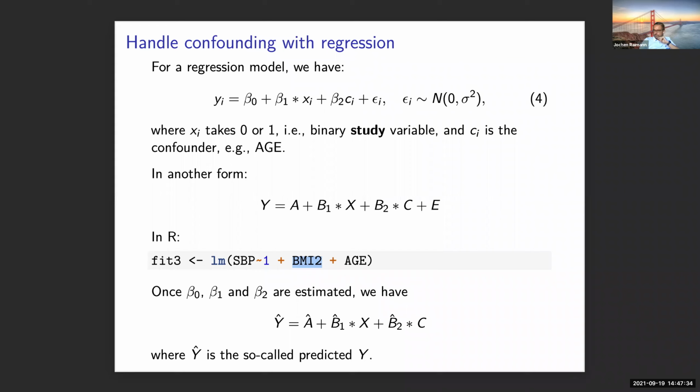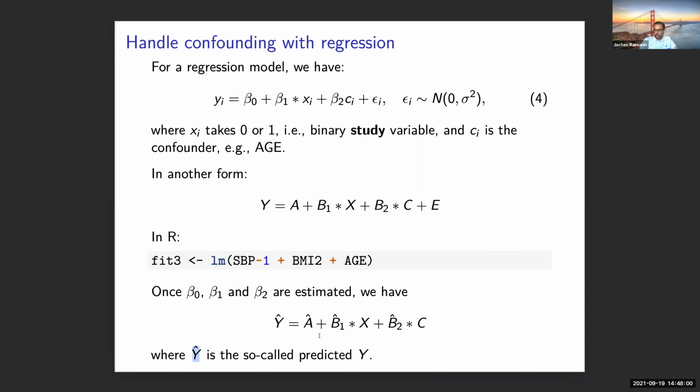So once beta 0, beta 1 and beta 2 are estimated, we have our predicted beta 0 plus beta 1 hat and beta 2 hat multiplied by the confounder age.